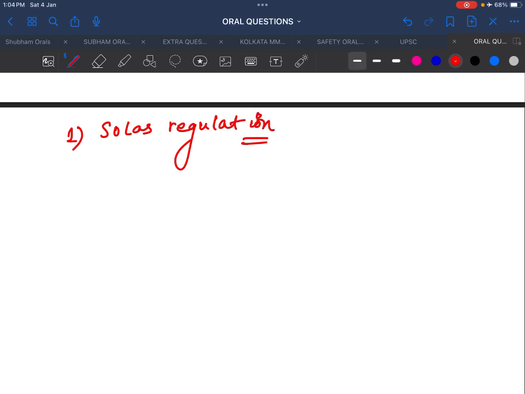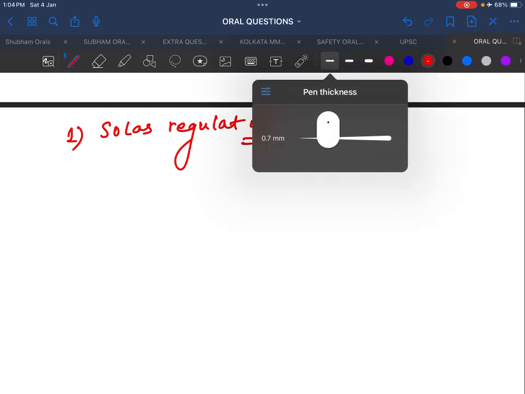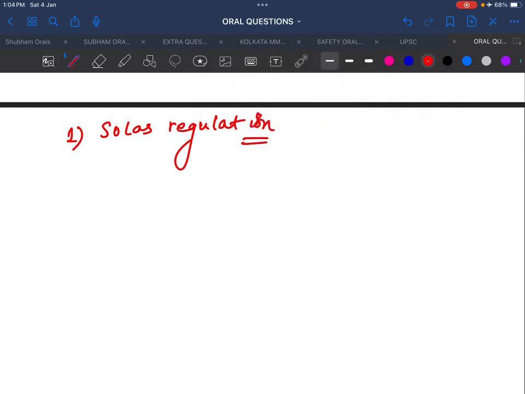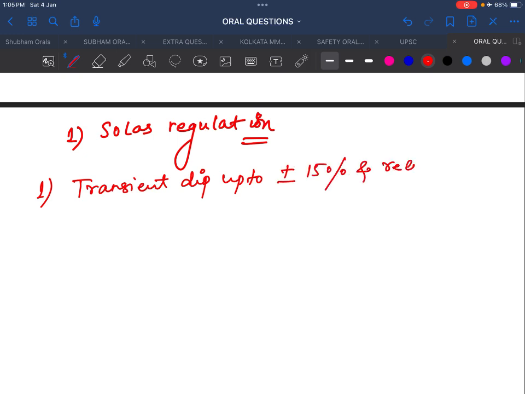SOLAS regulation. Okay, so for the transient dip, write down in your notes: up to plus or minus 15% and recover within 1.5 seconds.